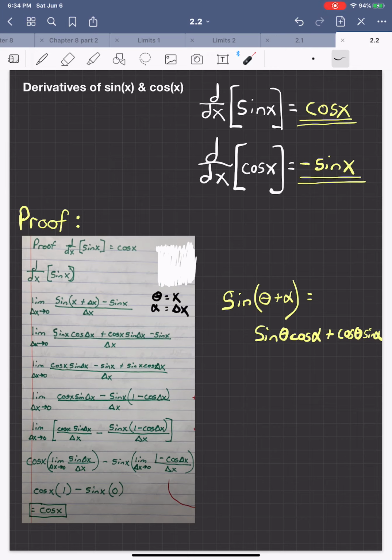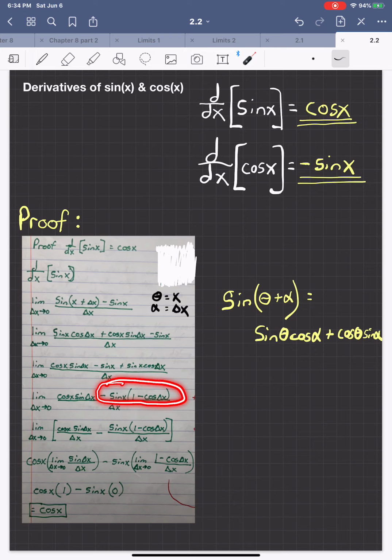In other words, I'm grouping so that I can now factor out a sine of x. Once I've factored out a sine of x, this is what would be left.